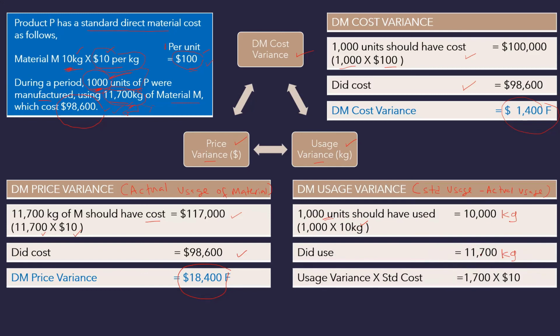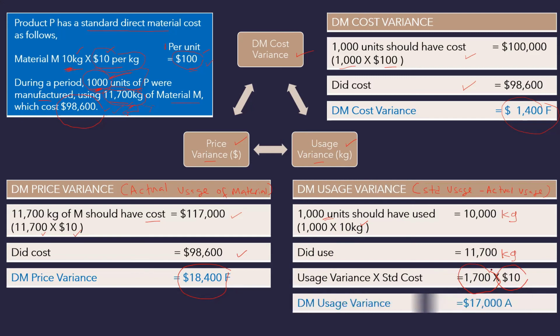So we had a usage variance of 1,700 kg times our planned cost of $10. Therefore the direct material usage variance is $17,000 adverse.